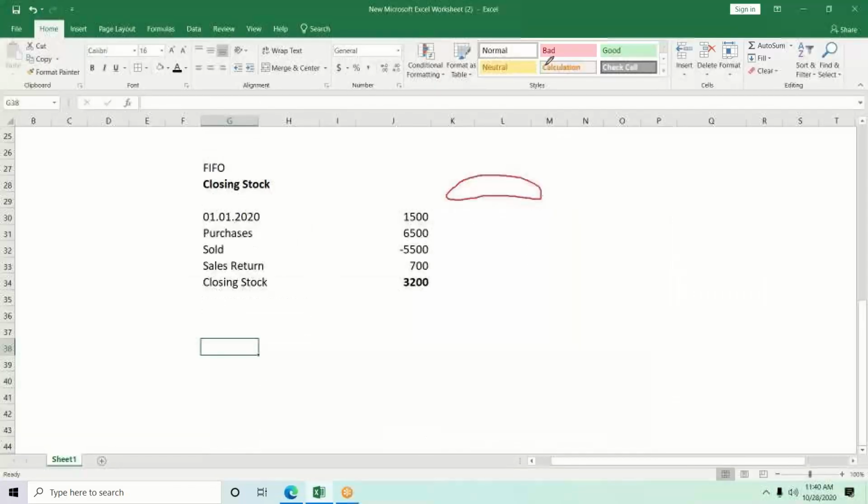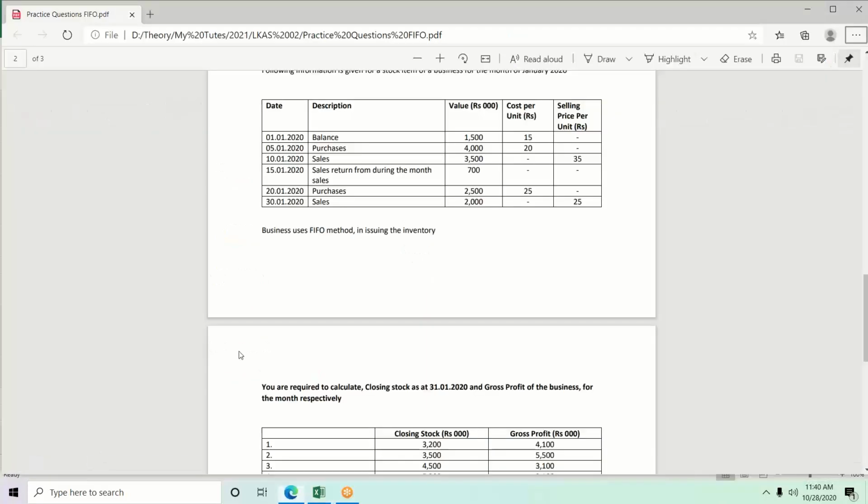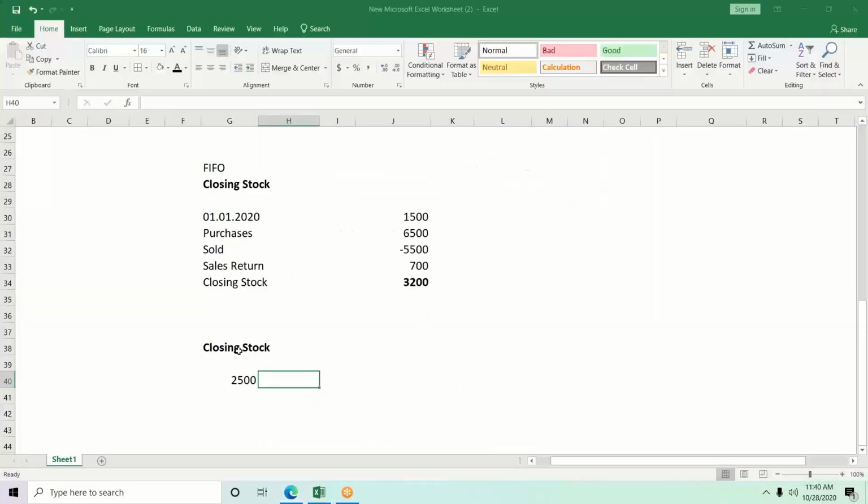Out of that 3,200, when you are calculating the closing stock, there are 2,500 units which you bought at 25.